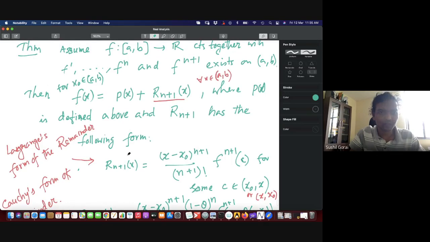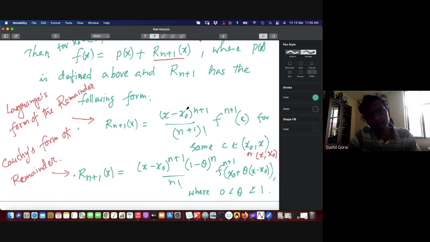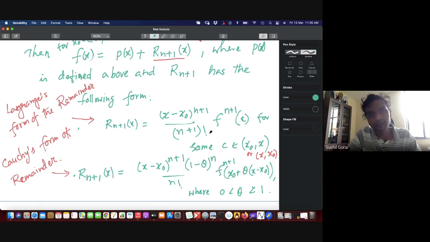And R_{n+1}(x) has the following form: (x minus x naught) to the power n+1 by (n+1) factorial times f^(n+1)(c), for some c in the line joining x and x naught. This form and the other form are not exactly the same, but one can get it from right here.